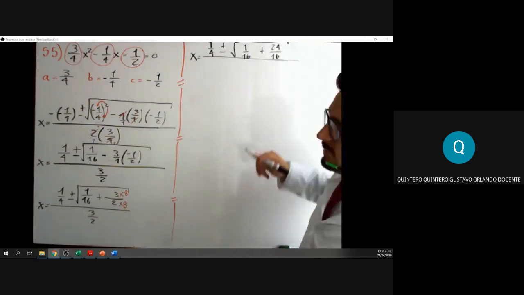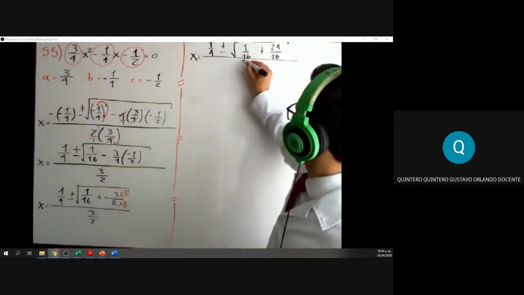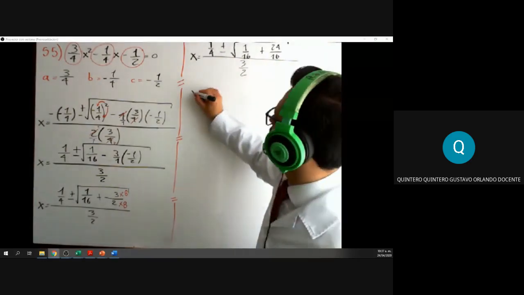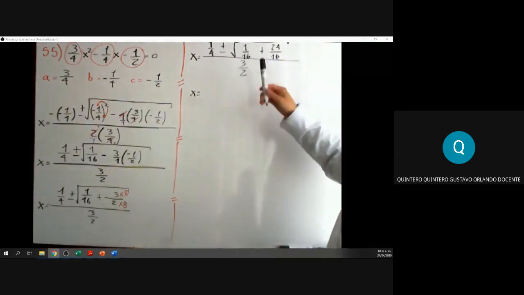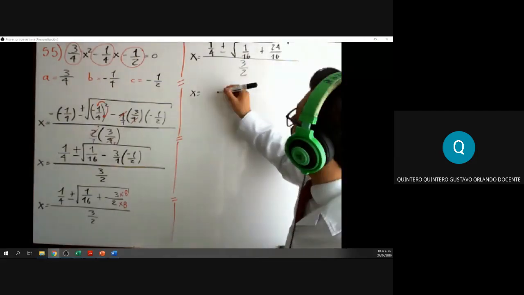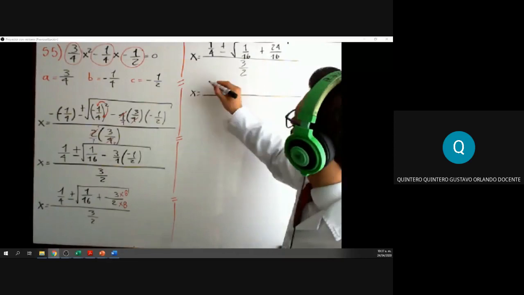Did you see? Again, in the denominator, 3 over 2. We haven't touched that at all. Let's continue with the operations. Here, how did you add these two fractions? Well, those two fractions have the same denominator, so we're going to leave the same denominator. Let me just write everything again.